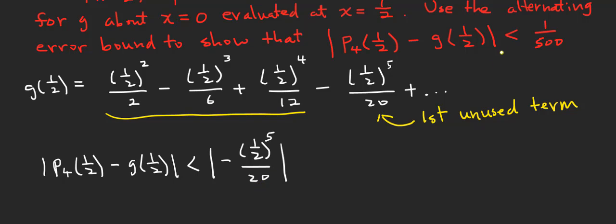Now we have to show that this is less than 1 over 500 though. So what is this value? When you simplify this, you get 1 over 32 times 20. And you know that that is less than 1 over 500. So we just showed that the error bound of this will be less than 1 over 500.